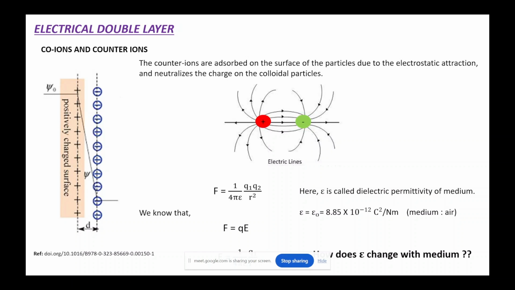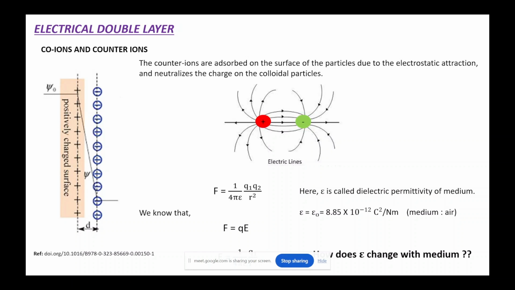So the separation is due to the solution itself, because when oppositely charged ions are getting attracted, due to the solution molecules, there is a small charge separation between them. And this small charge separation is what gives us a very high capacitance.